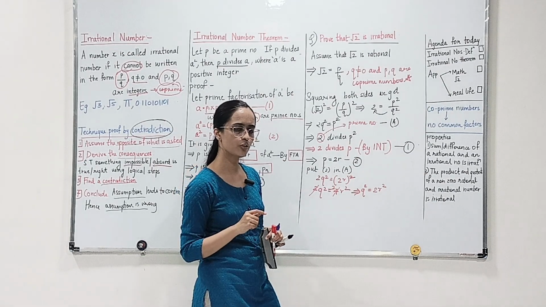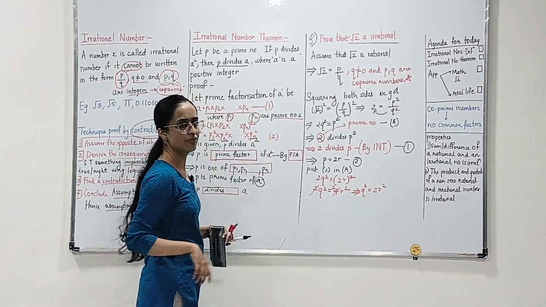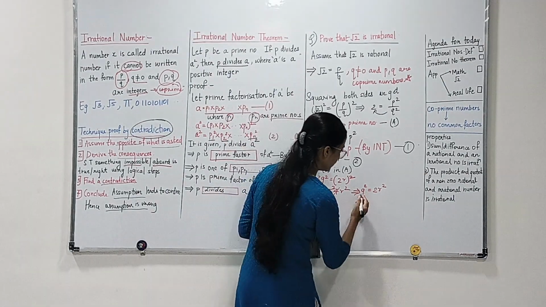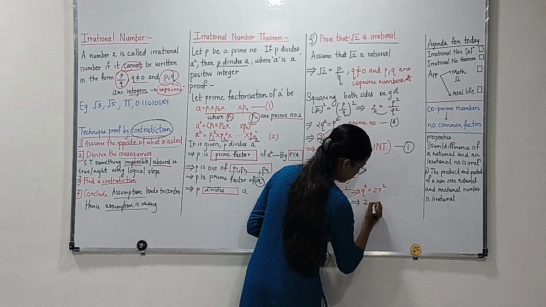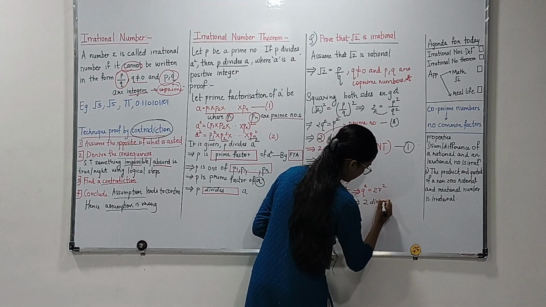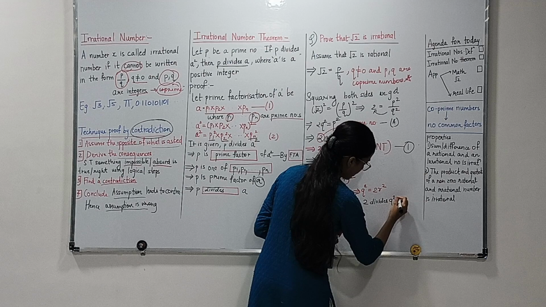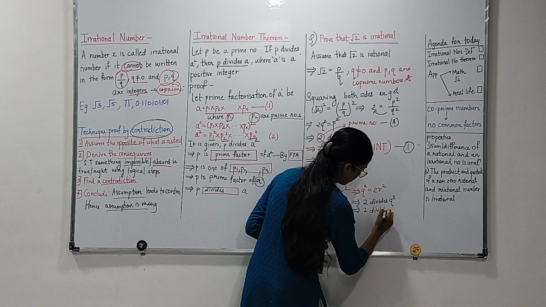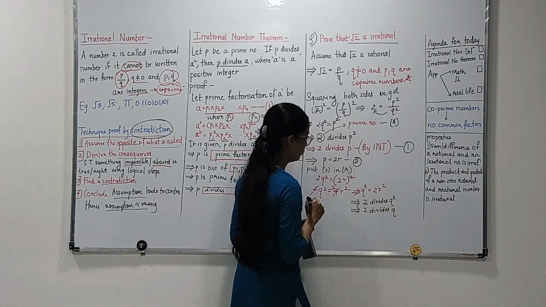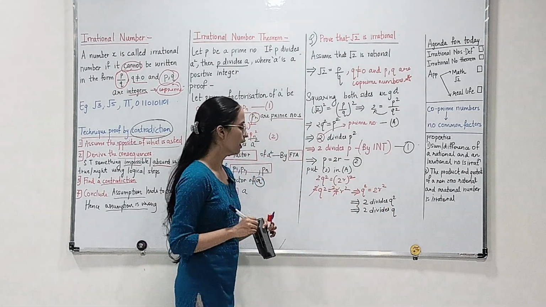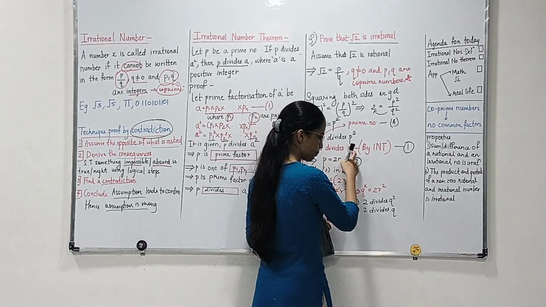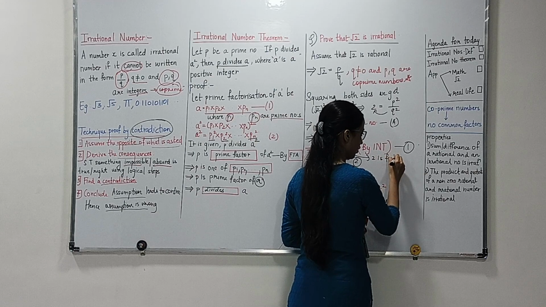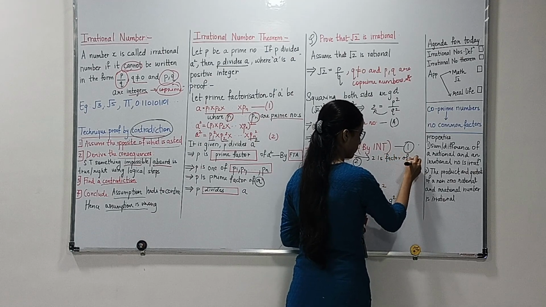So what can you conclude from this using the irrational number theorem? It implies that 2 divides q square, which implies 2 divides q. Now, if 2 divides p, it means that 2 is a factor of p.